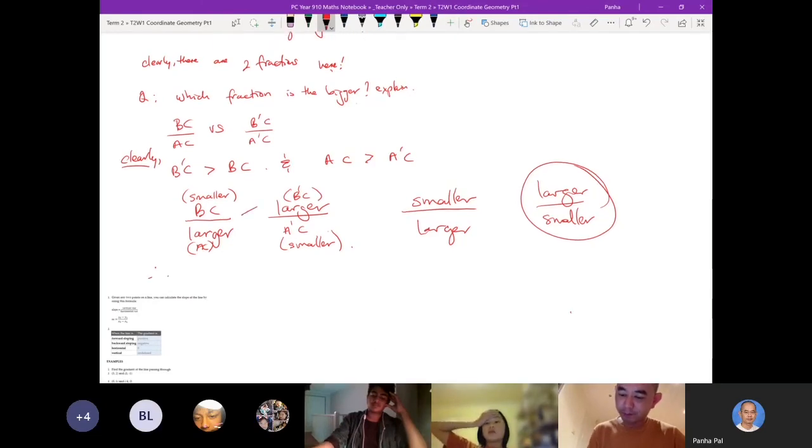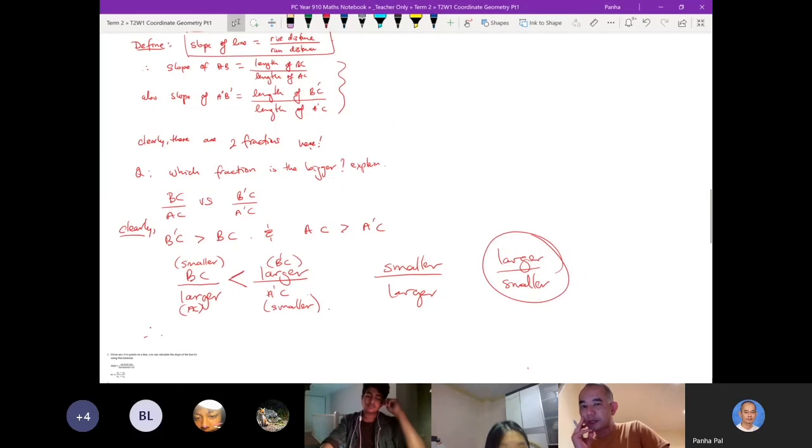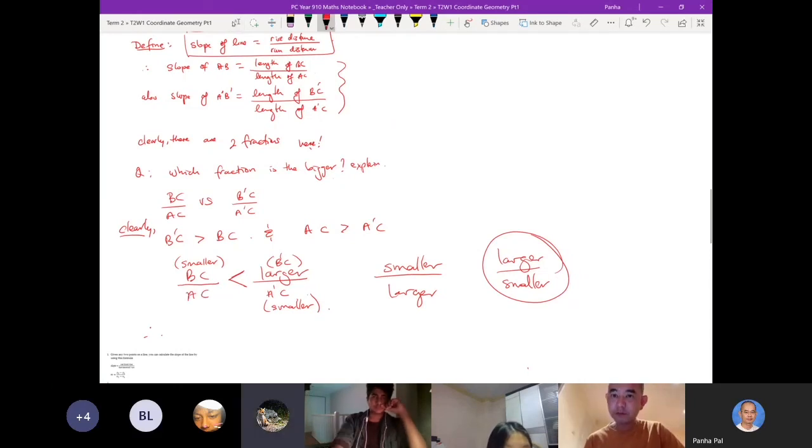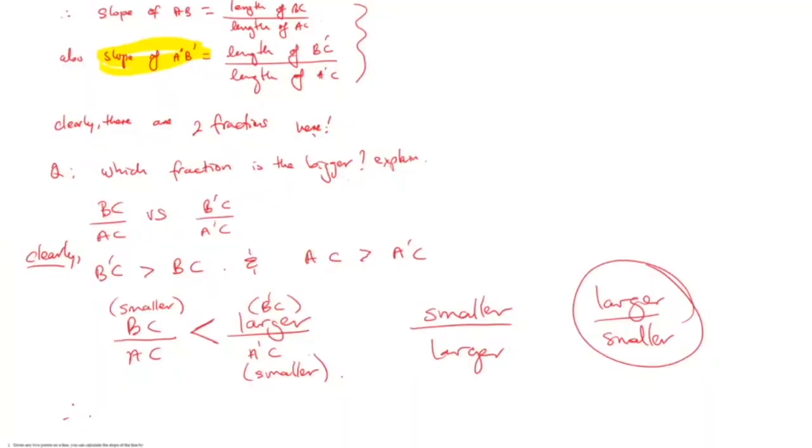I can say, which fraction is bigger? It'll be this one. So which slope is greater then? The second slope. Yep, and that's how we described slope before.